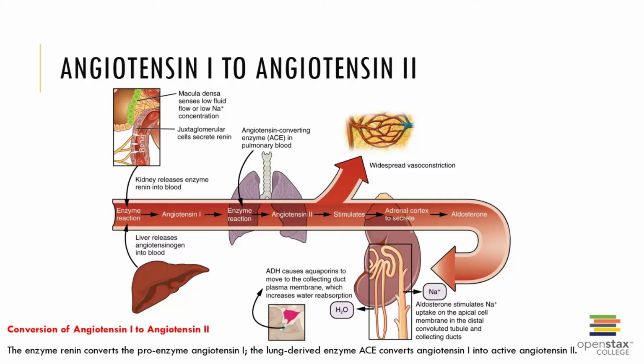So in essence, it does help to maintain the blood pressure in our bodies and also the fluid balance in our bodies. And we'll talk more about fluid balance in chapter 26. But for right now, just take a look at this diagram, and that way you can associate what we've been talking about with the urinary system to these processes of protein hormones being produced. So essentially the enzyme renin is converting the proenzyme angiotensin 1.